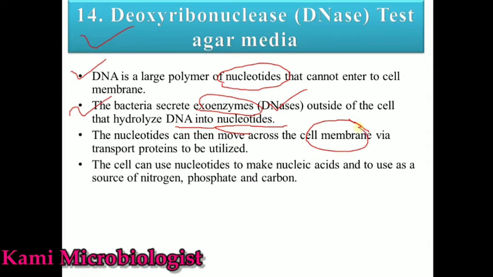Through this way the nucleotides are easily taken up by the cell. Now the cell uses these nucleotides to make its own nucleic acid, and it can use them as a source of nitrogen, phosphate and carbon. So this is a little bit about DNase test agar media.